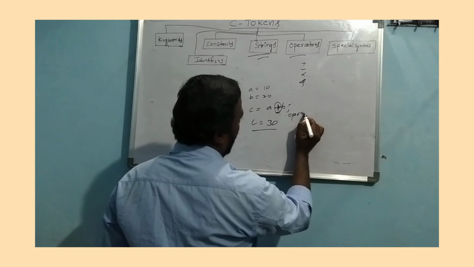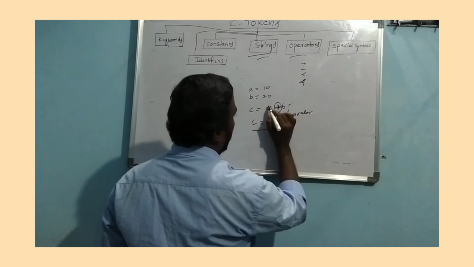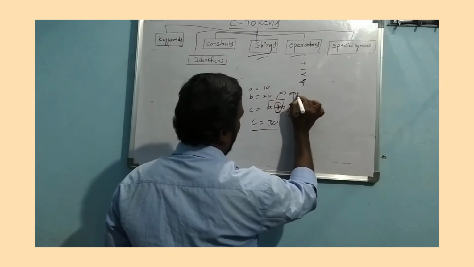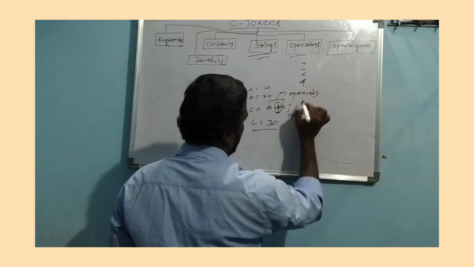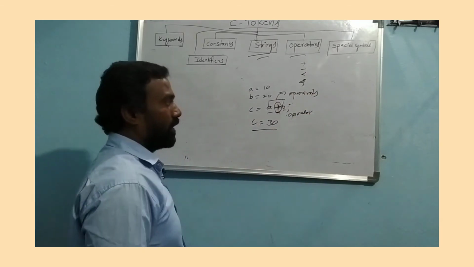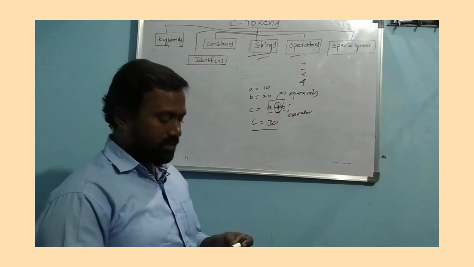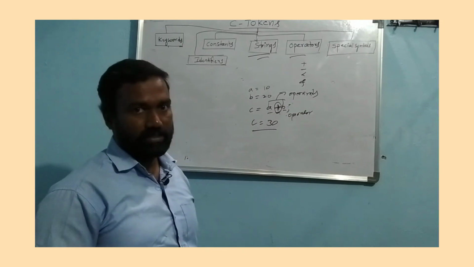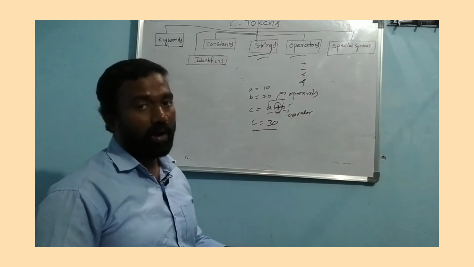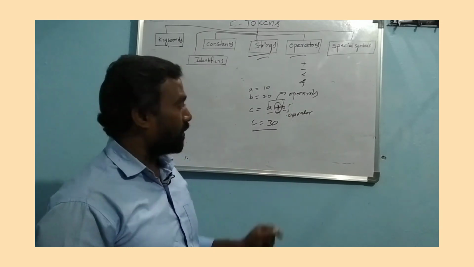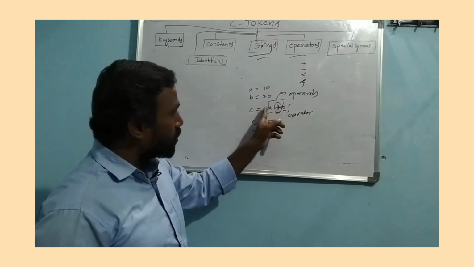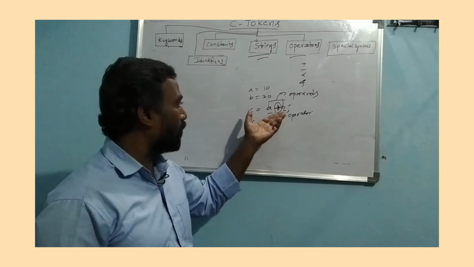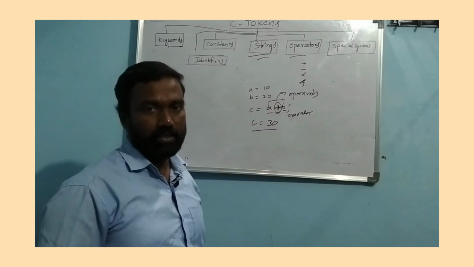A and B are the operands. These two variables are called operands. The operator is plus, and A and B are the operands. That means the operator can operate on operands. The operator can operate on two operands for the purpose of any task. We are doing an addition operation here, right?